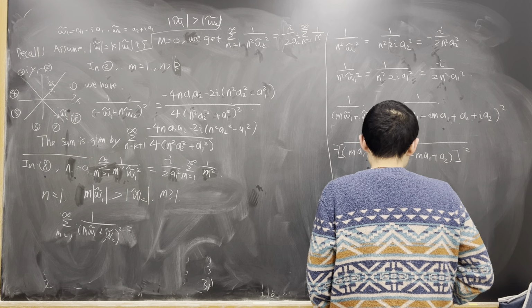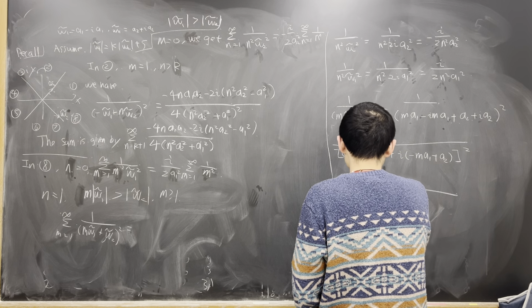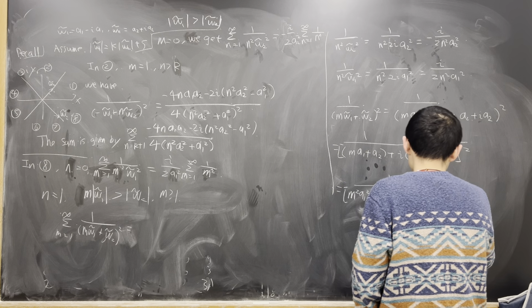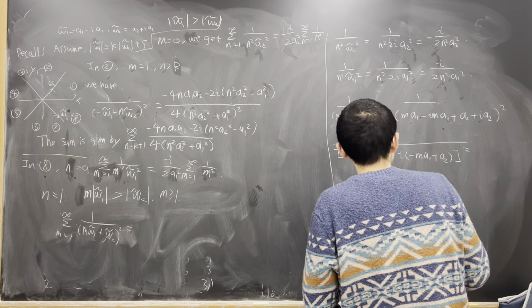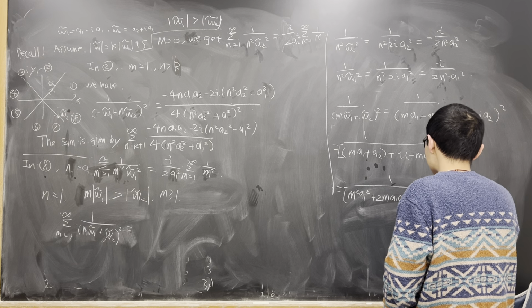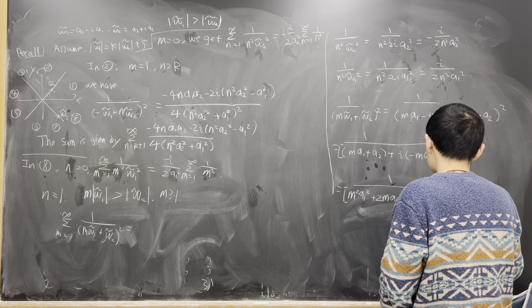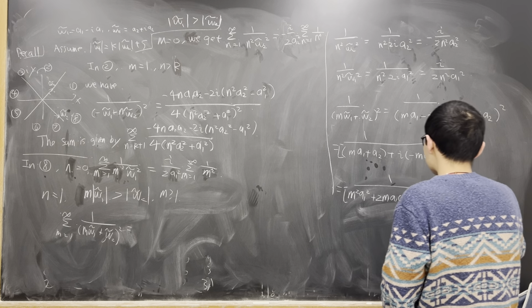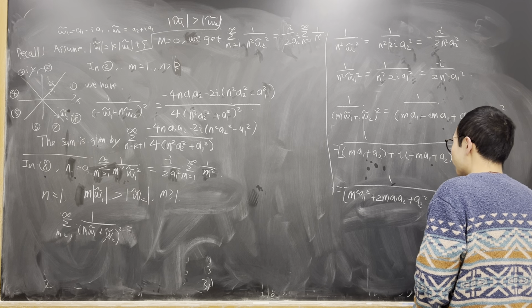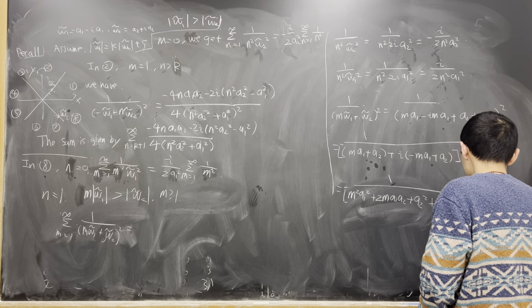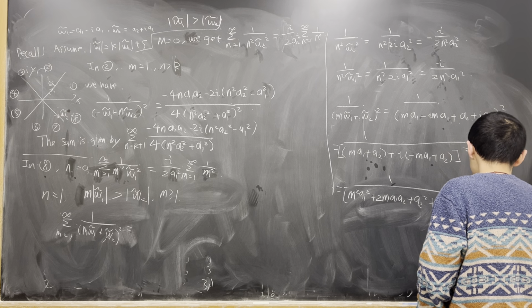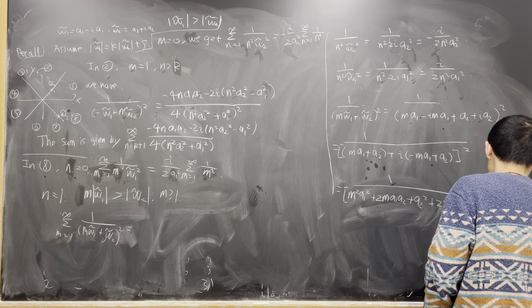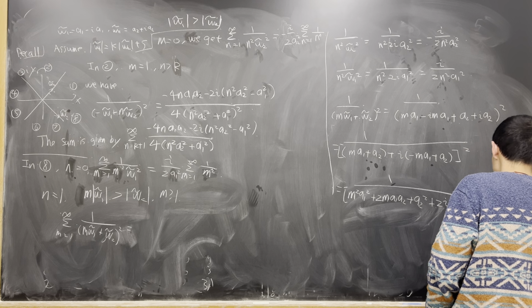And then minus, also plus 2i times the product, right? m a1 plus a2 times negative m a1 plus a2.